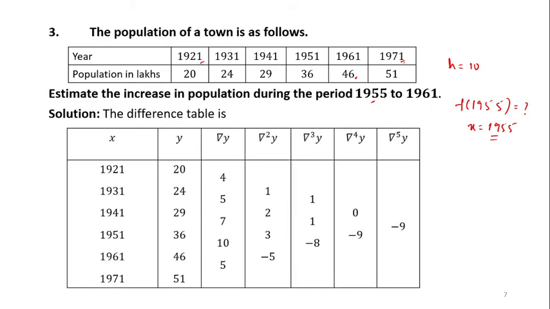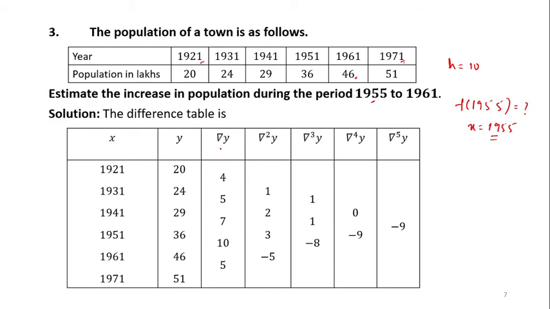First, write down the difference table. In the first column, write down the values of x, that is 1921, 1931, 1941, 1951, 1961 and 1971. In the second column, write down the corresponding values of y: 20, 24, 29, 36, 46 and 51.